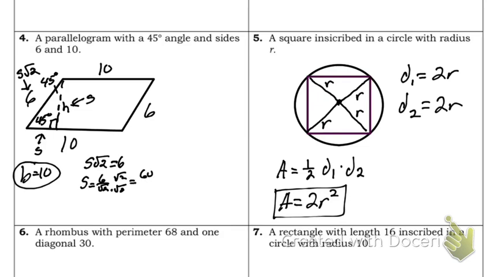That's going to turn to 6 square root of 2 divided by 2, which equals 3 square root of 2. But that is actually my height as well. So this area is just going to be base times height. Base is 10. Height is 3 square root of 2, so it's going to be 30 square root of 2. You have to use the 45-45-90.